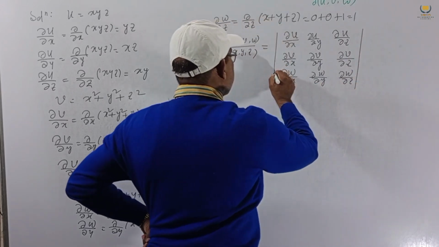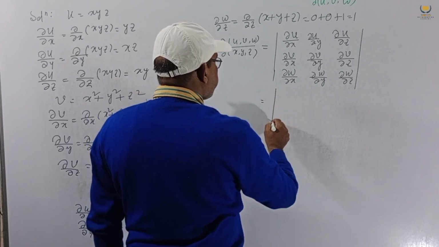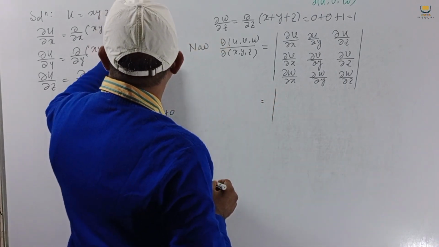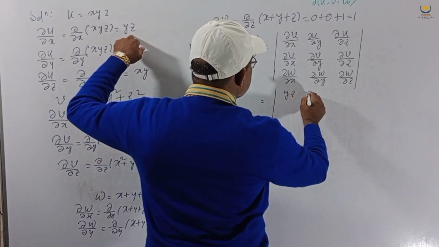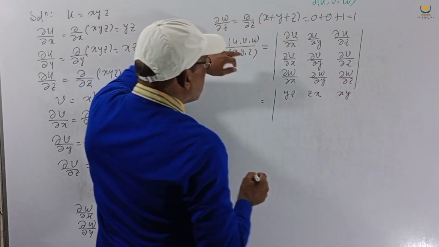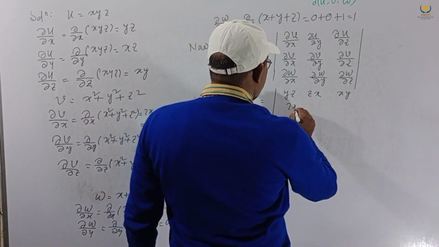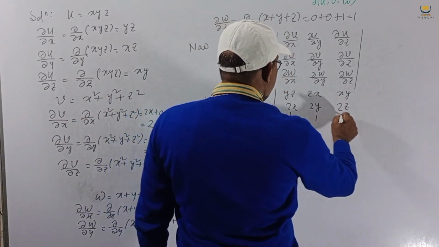We get this one, and this equals del u by del x, this value is yz, this is zx, this is xy. Del v by del x we get twice x, twice y, twice z, and this is 1, 1, 1.